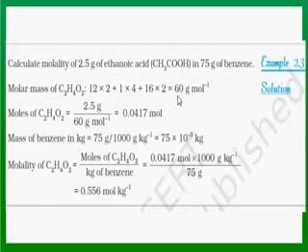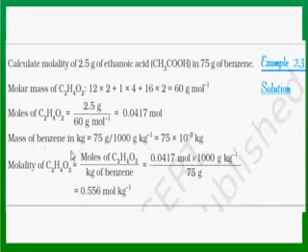On calculating, we get 60 gram per mole. Now moles of C2H4O2 is equal to 2.5 gram, which is given in the question, divided by 60 gram per mole, which we have calculated, is equal to 0.0417 mole.